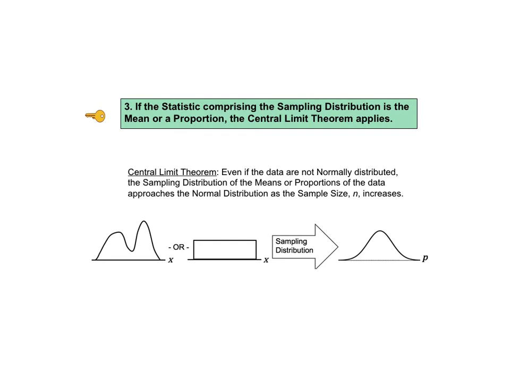The central limit theorem, CLT, is a powerful concept which helps us perform statistical analyses on any population or process, no matter the underlying shape of data, even weird shapes like these shown. We just take samples of data with replacement and calculate the means or proportions for those samples to get the sampling distribution. For more on the central limit theorem, please see my video on the normal distribution.